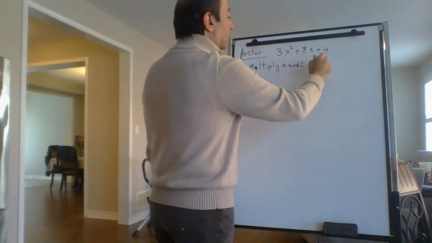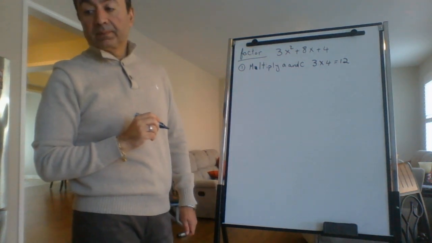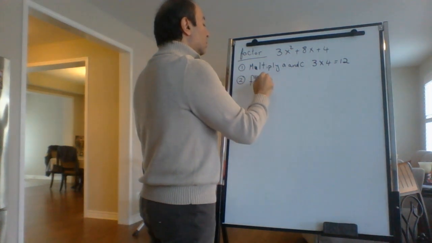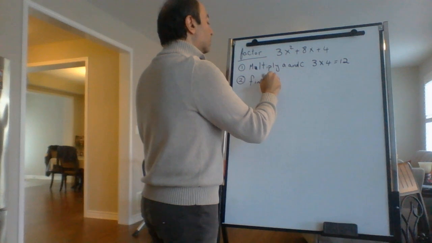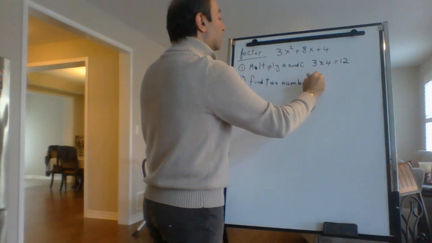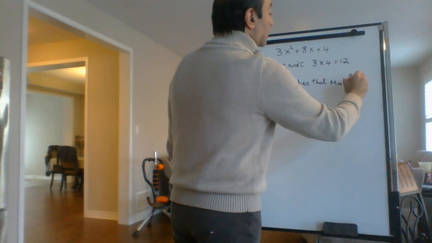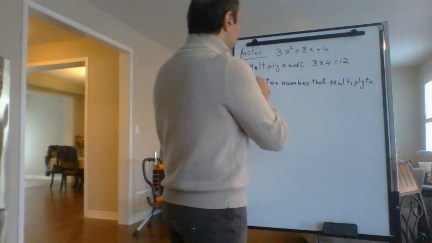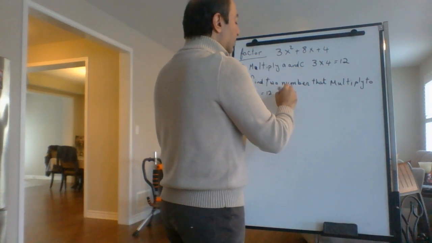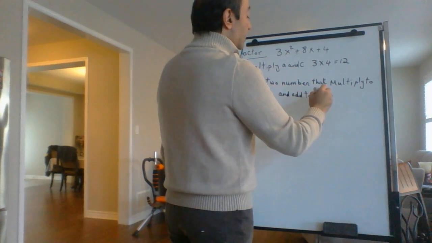So A is 3 and C is 4. Step 2: we need two numbers that multiply to a times c, which is 12 in this case, and add to b, which is 8.